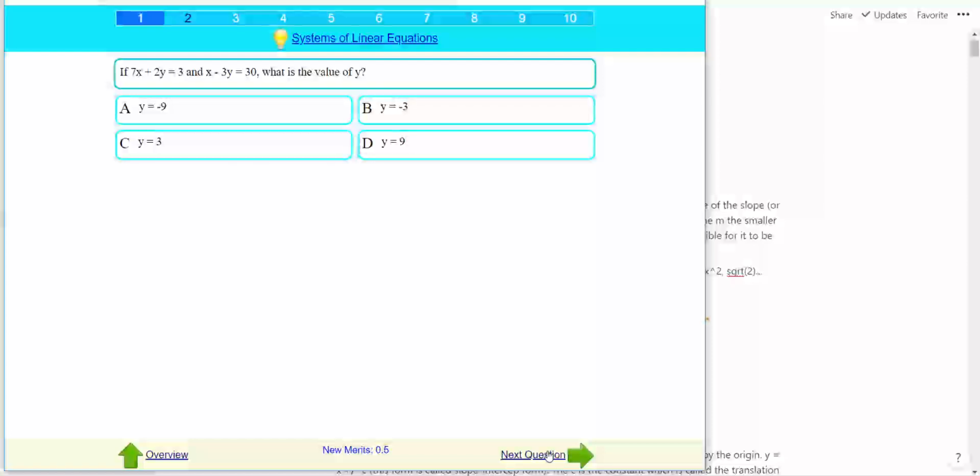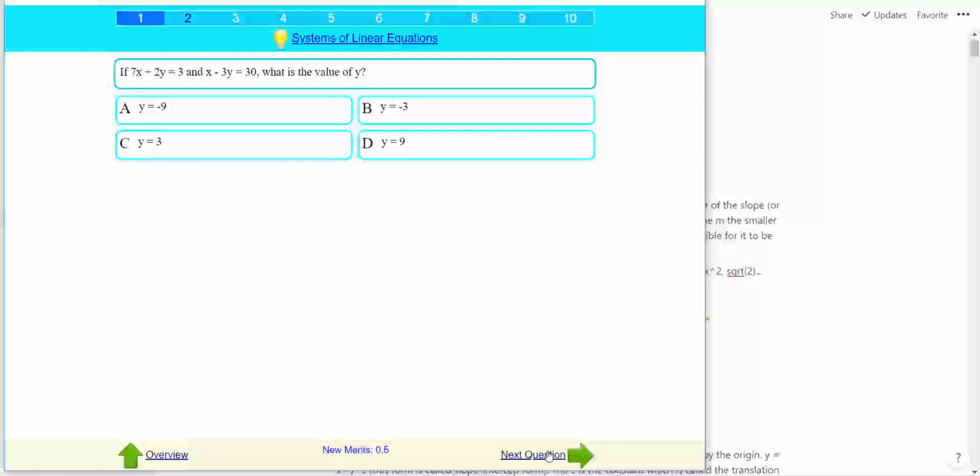30 minus x. If we divide this by 3, well, I don't think we should go for substitution. We don't want to deal with fractions. It's easier just to get rid of the x's.